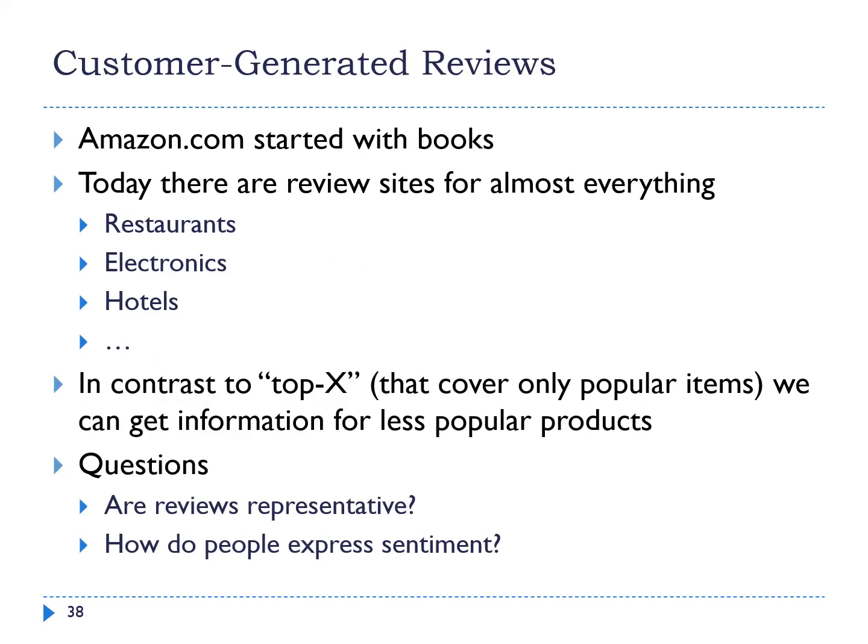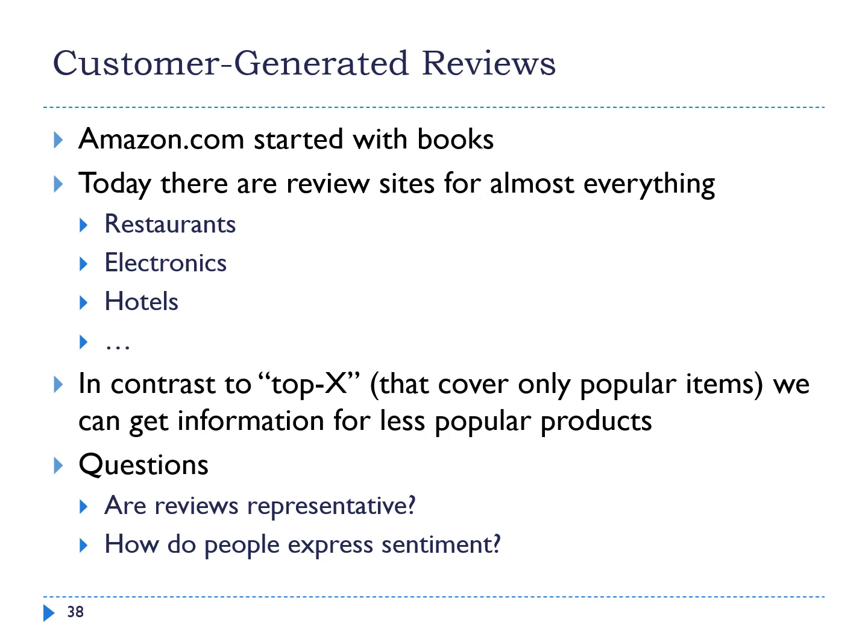The next few slides are all related to customer-generated reviews. Customer-generated reviews first started with books on Amazon.com. But nowadays, there are review sites for almost everything, like restaurants, electronics, and hotels.